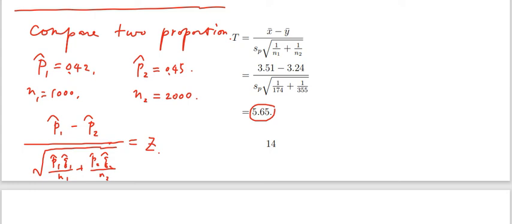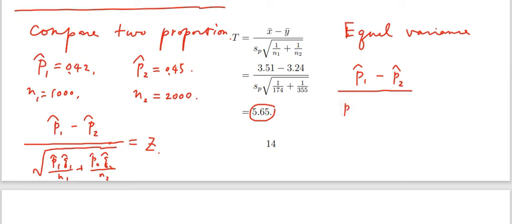Now if we want to conduct this testing assuming equal variance, then the formula is like this: P1 hat minus P2 hat over the square root of P hat, Q hat, times 1 over N1 plus 1 over N2.